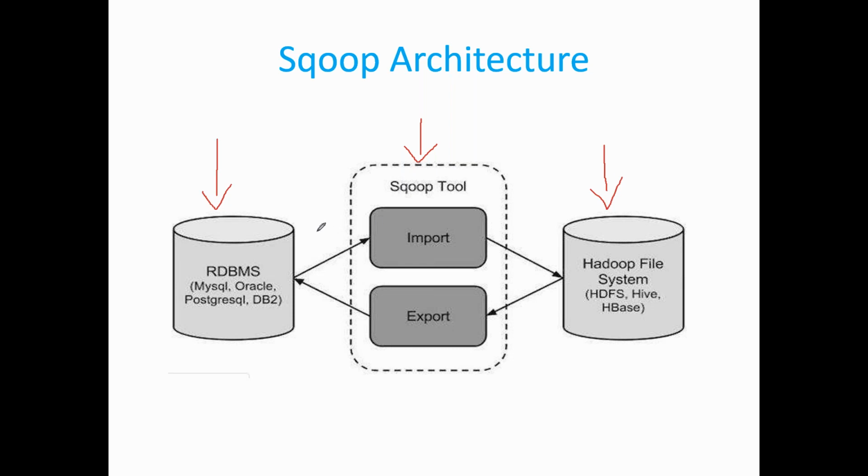Sqoop can perform an import operation, that is getting the data from relational databases and copying it onto HDFS or Hive. And it can even get the data from HDFS or Hive to relational databases such as MySQL, Oracle, etc. It can do only two operations: import and export.